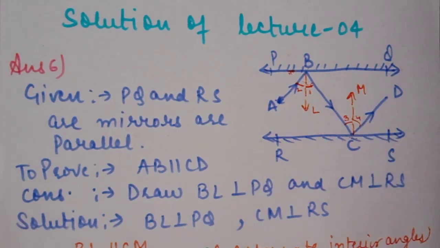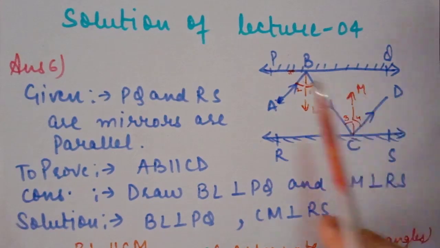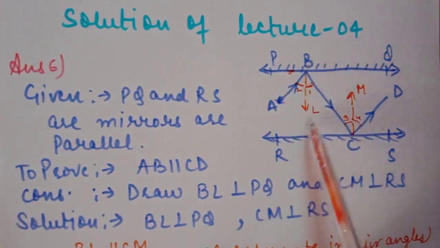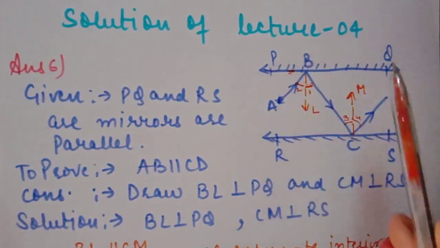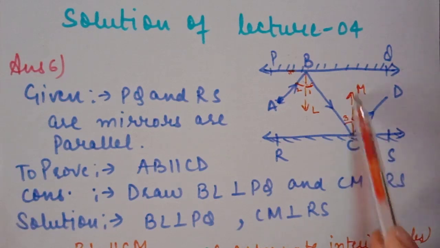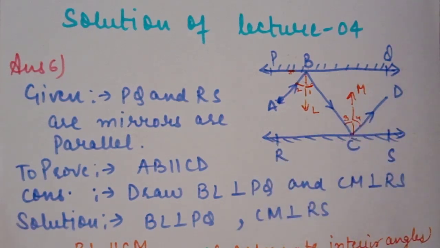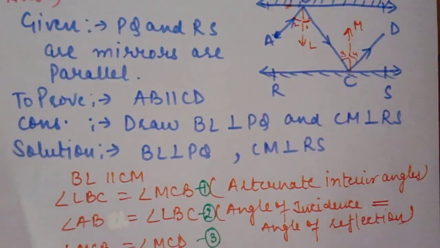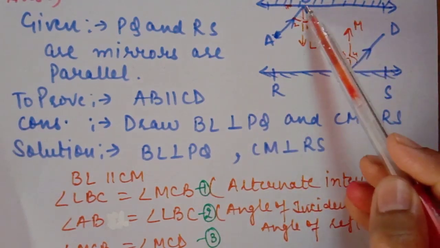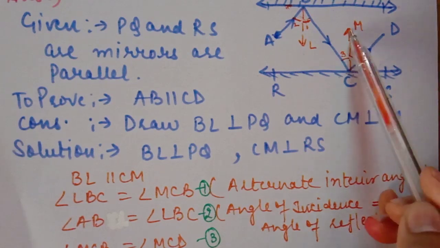So what we did, we drew two perpendiculars on these two mirrors. BL perpendicular on PQ, CM perpendicular on RS. Now the solution. BL is perpendicular on PQ and CM is perpendicular on RS. It means definitely BL and CM are parallel to each other.